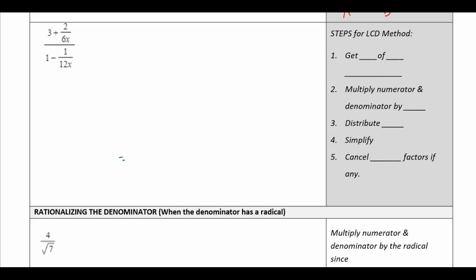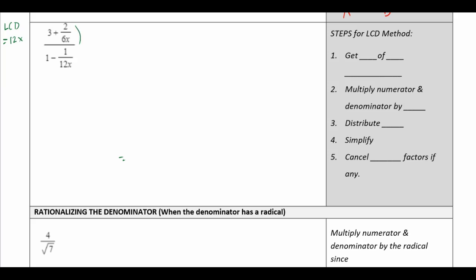So here we have fractions 2 over 6x and 1 over 12x. The LCD is the LCD of the 6 and the 12, which is 12, and the x and the x, which is x.